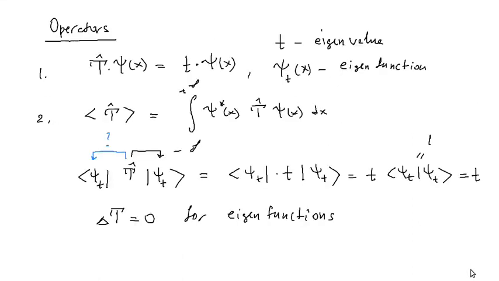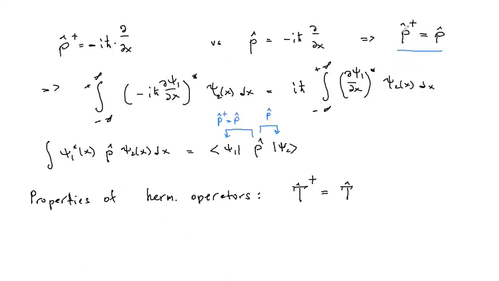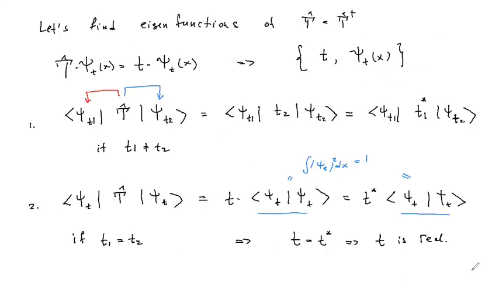So if my operator is Hermitian, like for example the position operator or linear momentum operator, then I can guarantee from the very beginning that all eigenvalues will be real numbers. This is nice.